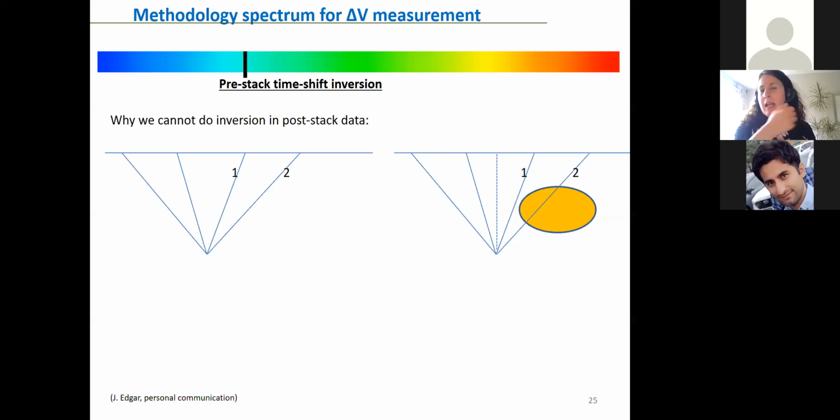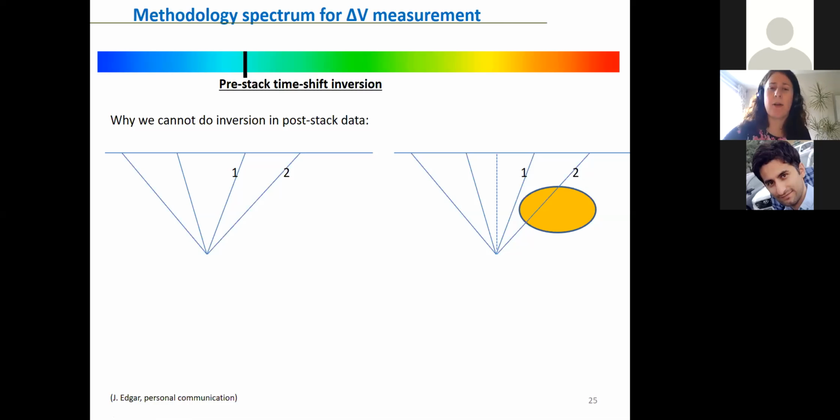And this very simple diagram, and in my opinion the simple diagrams are always the best and the hardest, was drawn for me at a coffee break at one of the EAG conferences by John Edgar, who had presented his work on pre-stack time shift inversion. And I was saying, well, I just don't understand what's wrong with doing inversion in post-stack data.